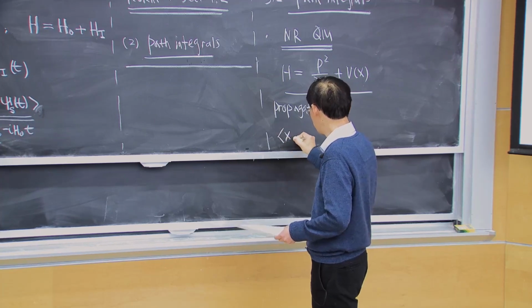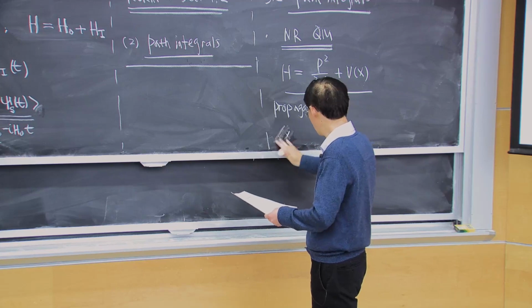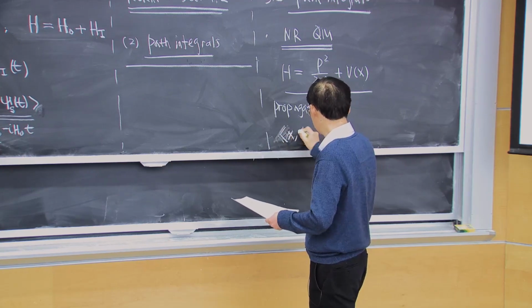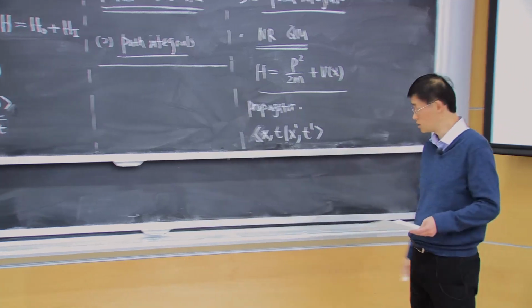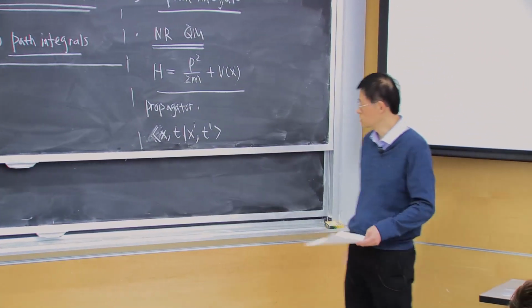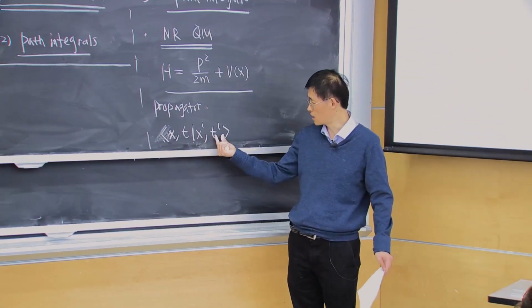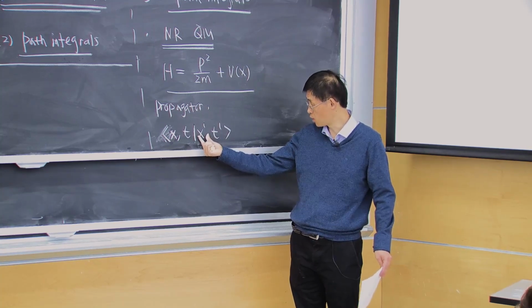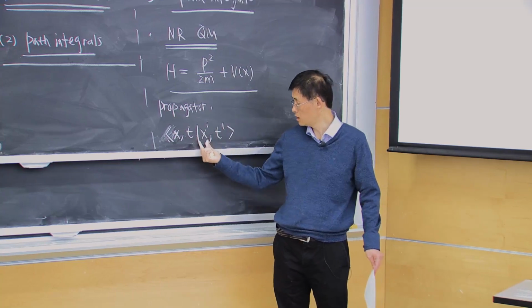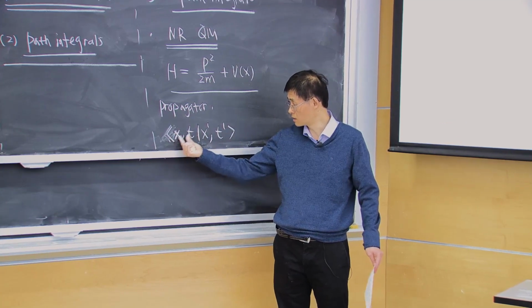This is the object which we defined in the Heisenberg picture as the transition amplitude: if you have a position eigenstate x prime at t prime, it goes into a position eigenstate at the location x at time t.